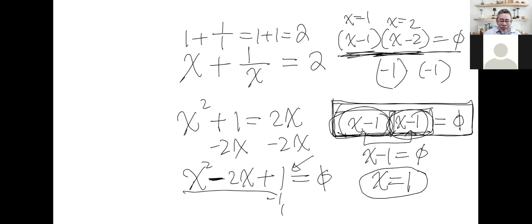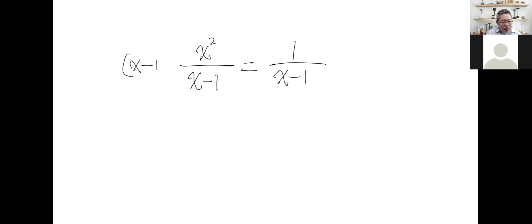Okay. And we're going to try another form, which is this: 1 over x minus 1. We'll do the same thing, multiply x minus 1 on both sides, and we can see that the process is the same.